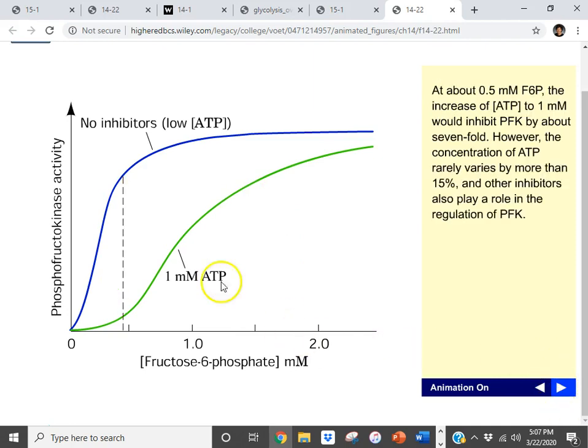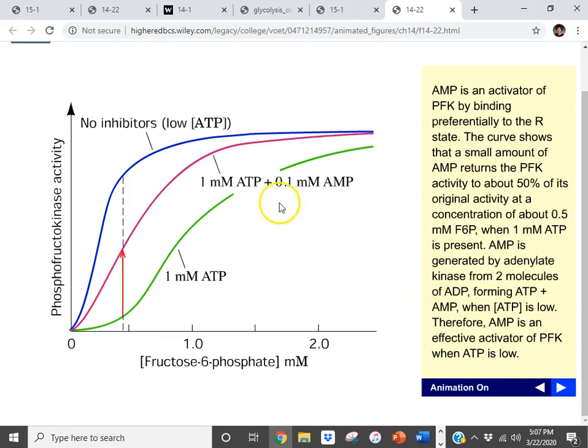One of the things that this shows us is that if we have 0.5 millimolar fructose 6-phosphate, the substrate, this is what the activity looks like if the ATP concentration is low. But when you add just 1 millimolar ATP, you dramatically decrease the activity.